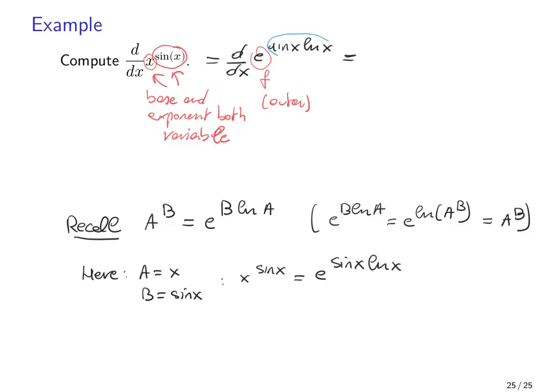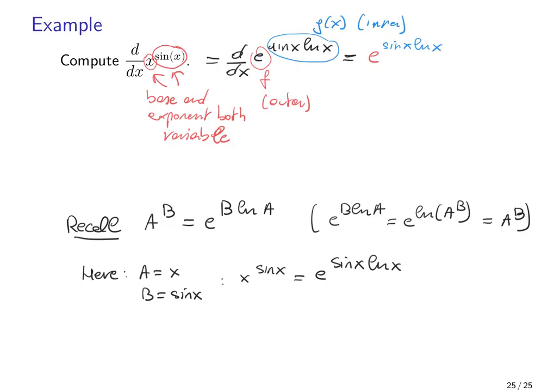And then sine x logarithm of x is going to be our g of x, our inner function. We use the chain rule, and because the derivative of e to the x is just e to the x, we get e to the power g of x, sine x logarithm of x.